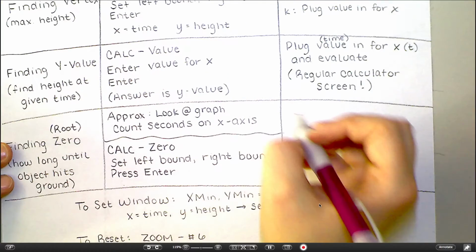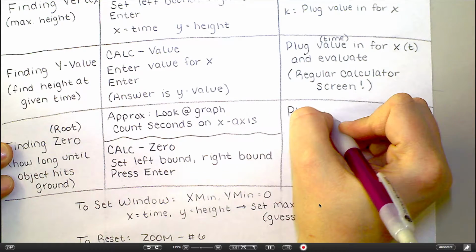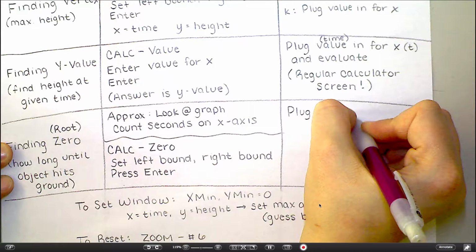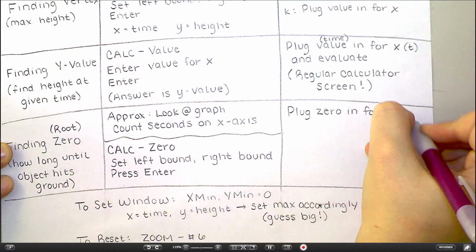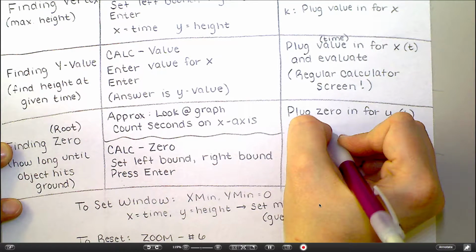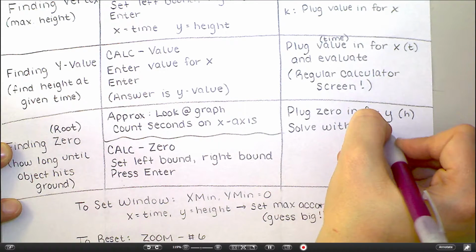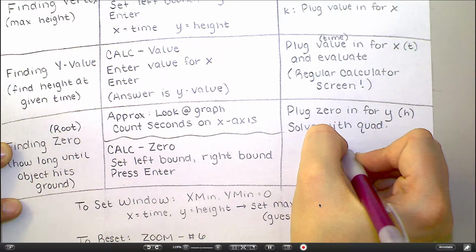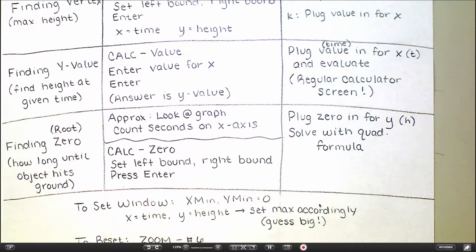So if you wanted to do this mathematically, you could plug a 0 in for y, or for h in these problems. And you could solve with the quadratic formula, just like we did before.